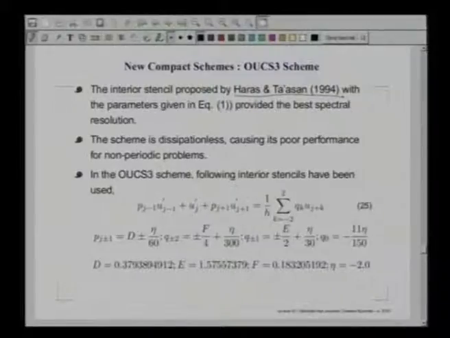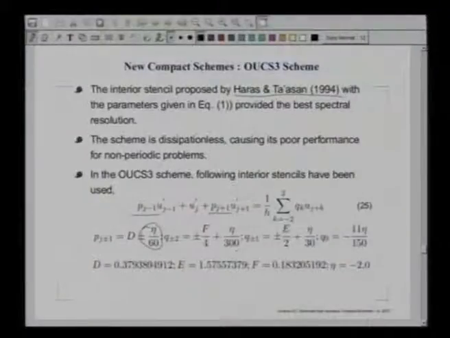Now, we converted it for a non-periodic problem, and what we did was we implicitly added the dissipation term, and that is shown here in the coefficients p j minus 1 and p j plus 1, where you notice these terms plus minus eta by 60. So, eta is some kind of an upwind parameter. In the Haras and Tassan scheme, this eta was 0. So, we have purposely added that eta term to control. So, eta is an additional degree of freedom for us to choose the scheme.